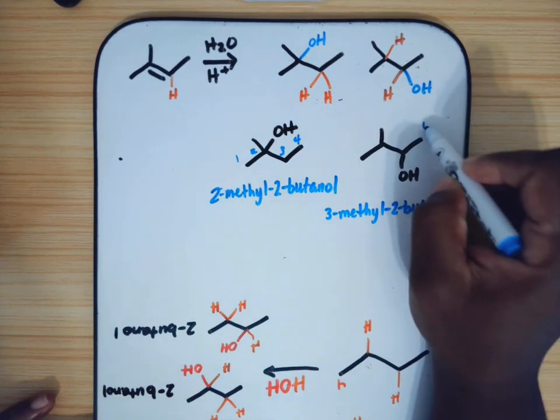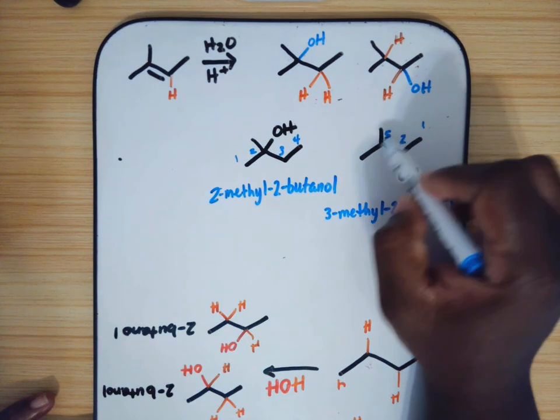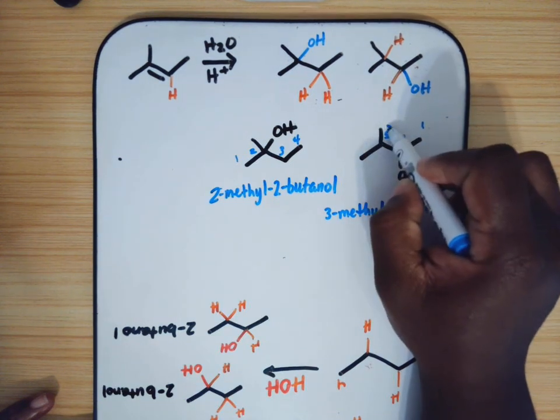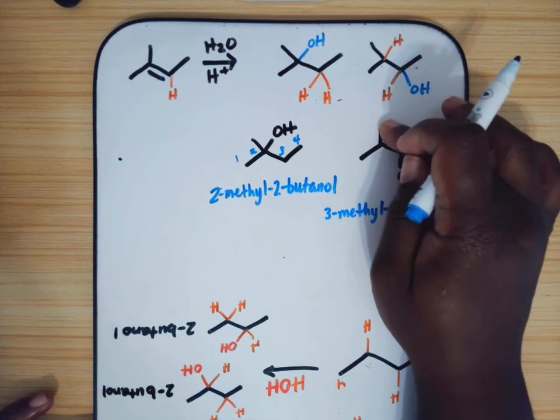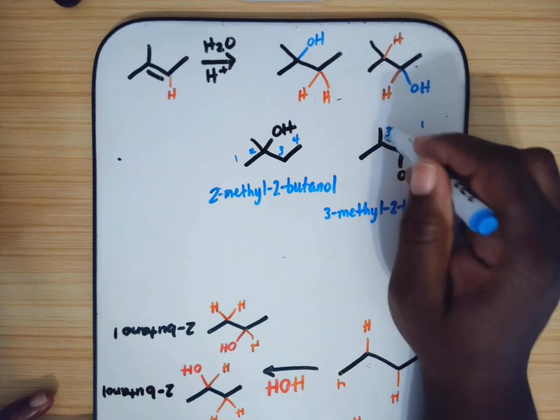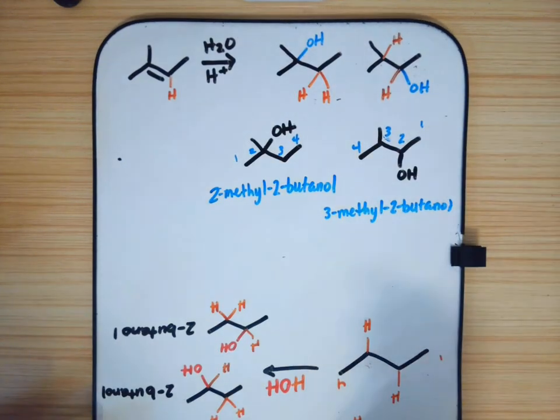But here we're going right to left. Even though it causes my substituent to have a higher number, it gives my functional group the lower number. So you see we have 2 different types of alcohols that are formed. 2-methyl 2-butanol, 3-methyl 2-butanol. Both alcohols, but different types of alcohols.